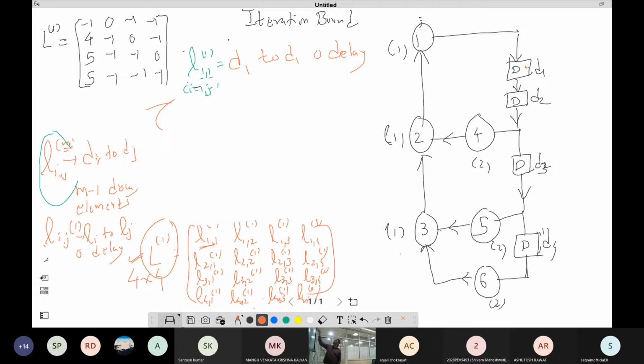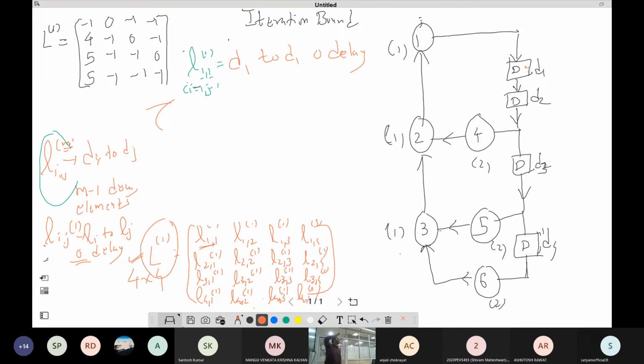If I start from here, there is one path where it comes through D2. So the zero delay condition will not be satisfied, because I need to start with D1 and come back to D1.